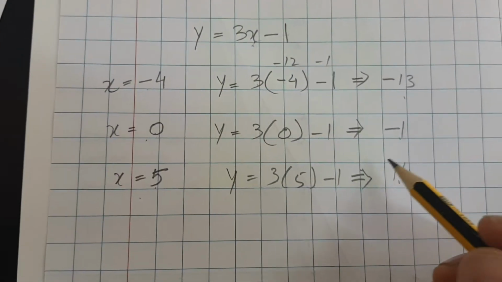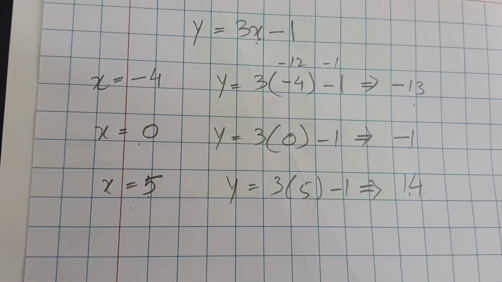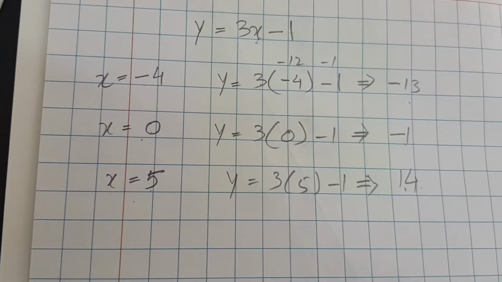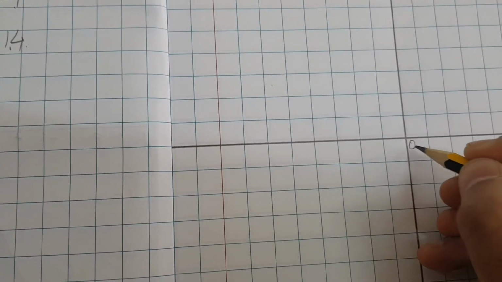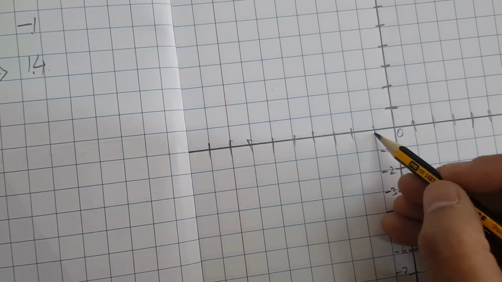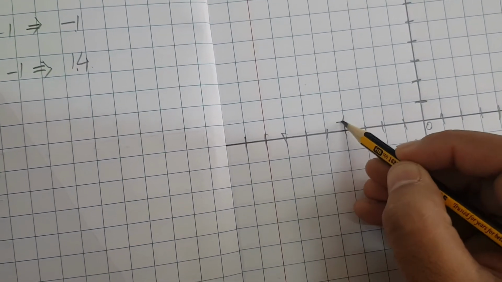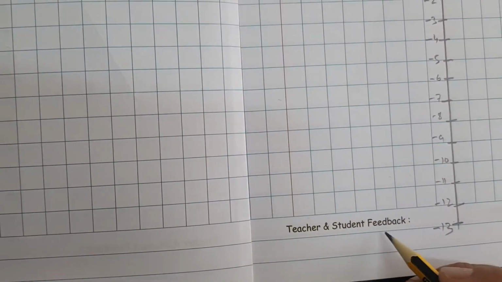Yes. So now I'm going to draw this on my graph, a simple graph the way I did earlier. Remember, these values need to be marked on the grid. Now x is negative 4, and as per the equation, y is going to be negative 13.